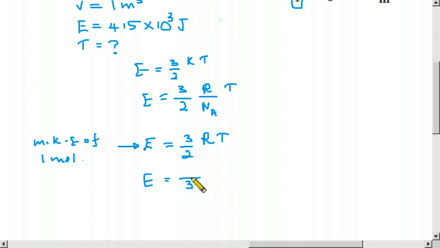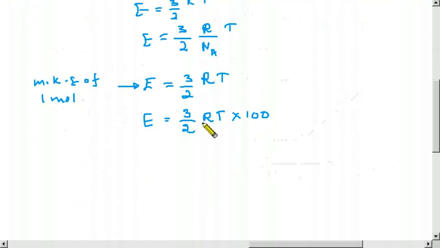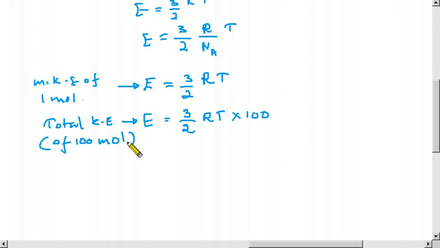So we have to multiply this by 100, because we have taken 100 mole. So this kinetic energy is the total kinetic energy of 100 mole.